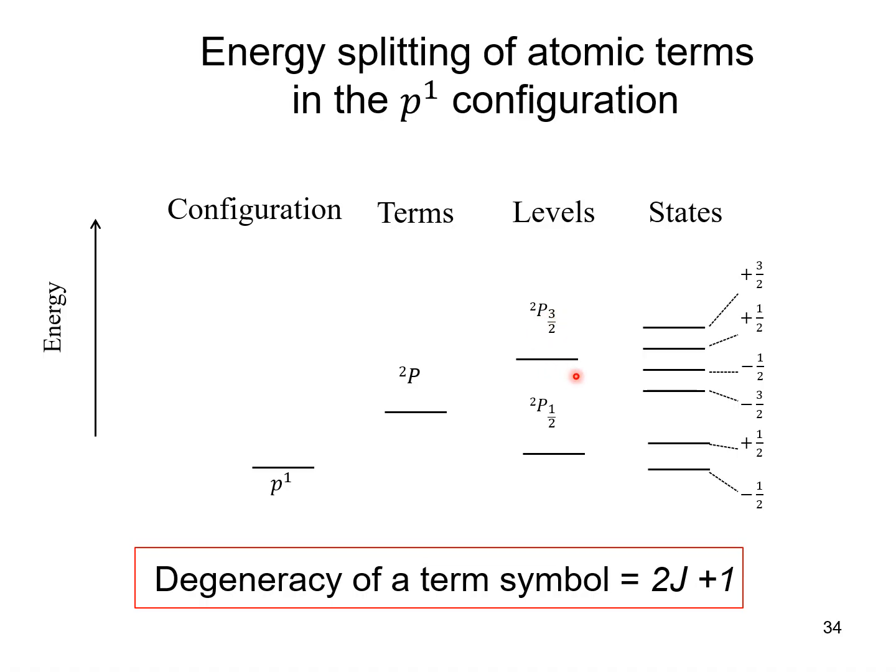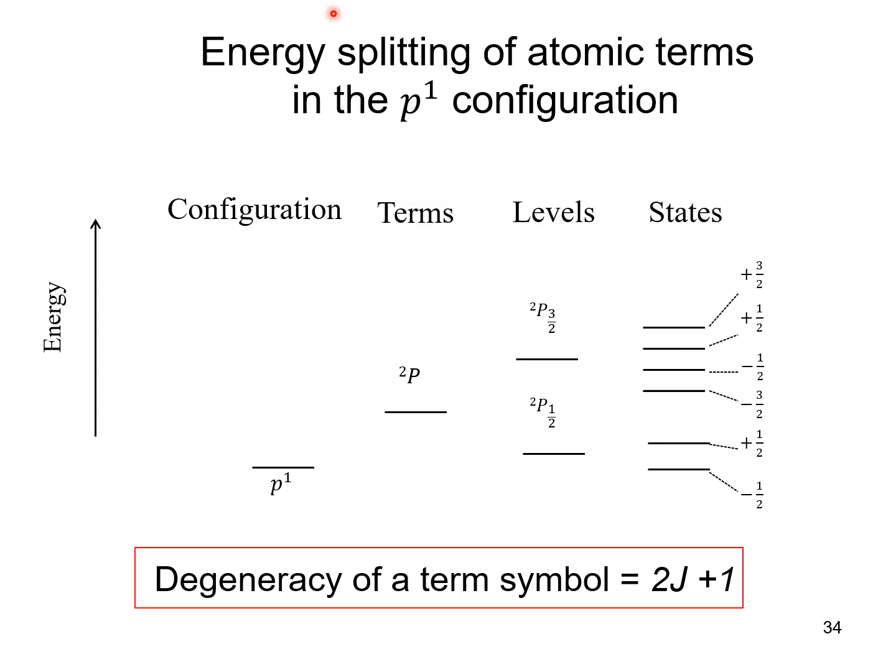In this example, the spin-orbit coupling of J value 1 over 2 is lower in energy compared to 3 over 2. So if the subshell is less than half filled, like in this example, one electron in the p orbital, the p orbital is less than half filled, then the level with the lowest value of J lies lowest.